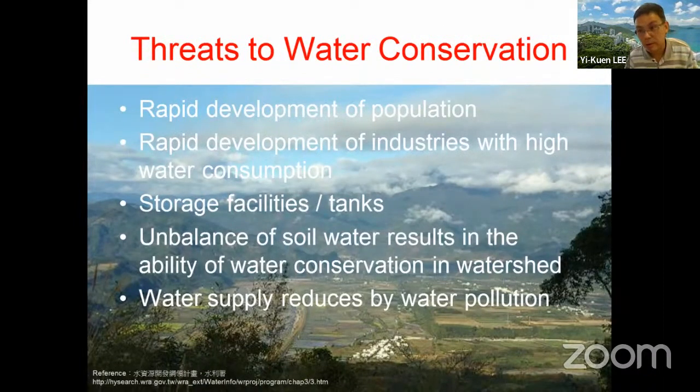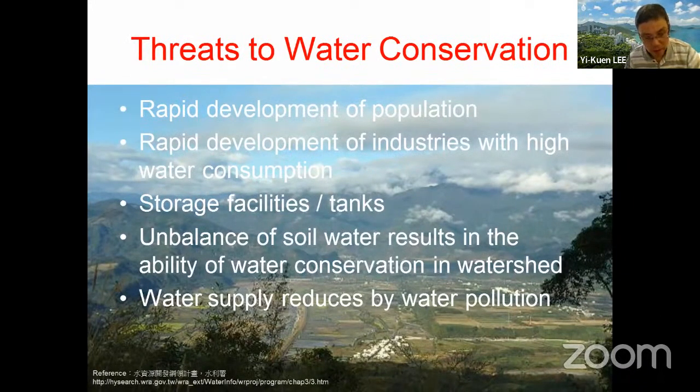In the coming one or two years, it seems it will be a big problem. I don't know if you have seen some predictions, right? In China, in the coming one or two years, we will suffer a shortage of water supply. So it's a big problem.